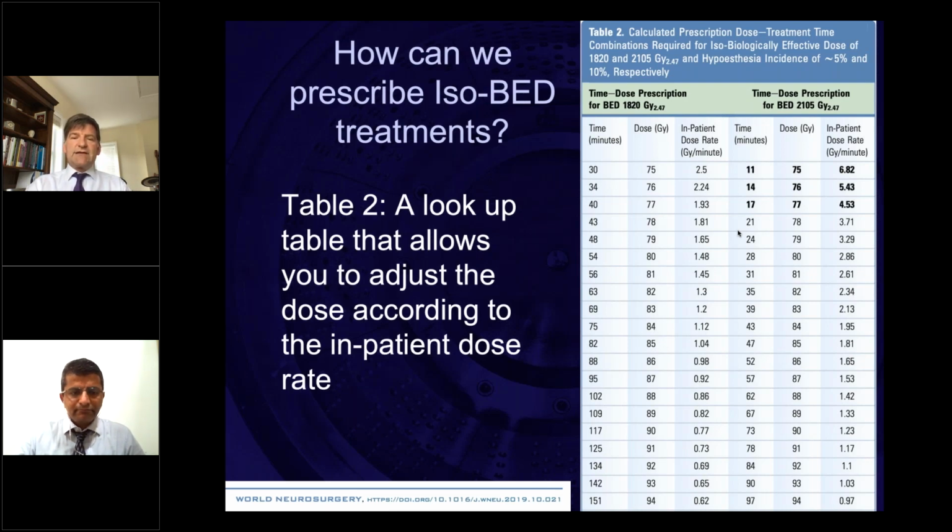Then we look to the left and we can see that the dose we need to prescribe is 83 gray, which is delivered in 69 minutes. The right 3 columns are for a hypoesthesia rate of 10%, if you feel that you'd rather give a slightly higher BED. So this is the first instance where we've been able to prescribe iso-BED treatments for SRS. It's the very first time in history that that's been possible.